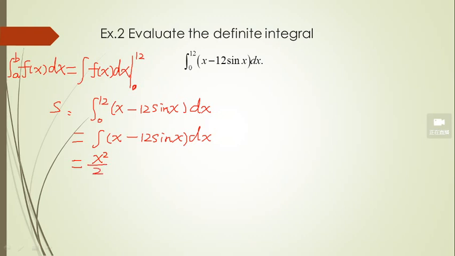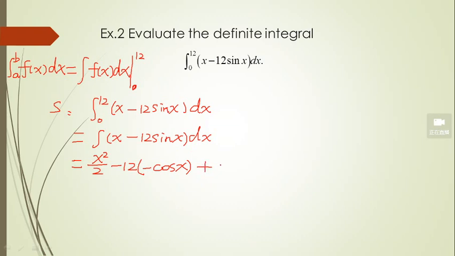Then minus 12, what is the antiderivative for sine? The particular one should be minus cosine, right? And then finally, you can plus the constant c.